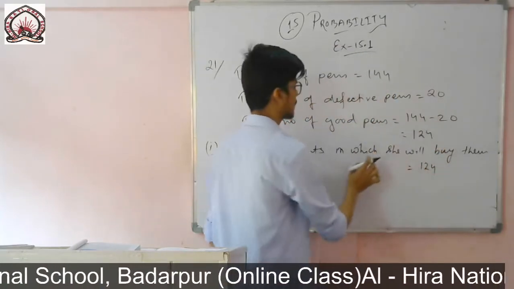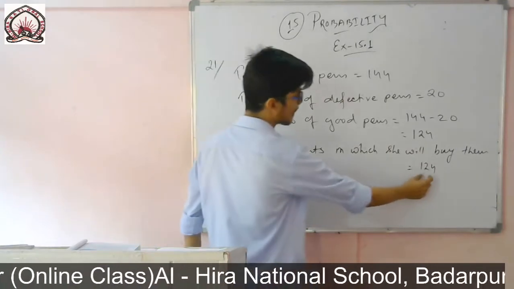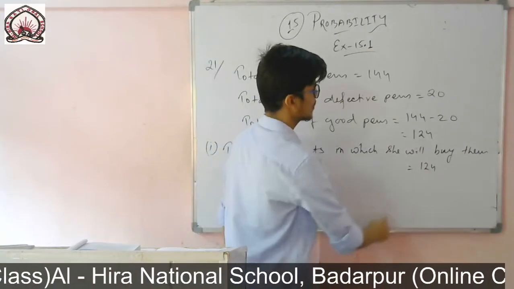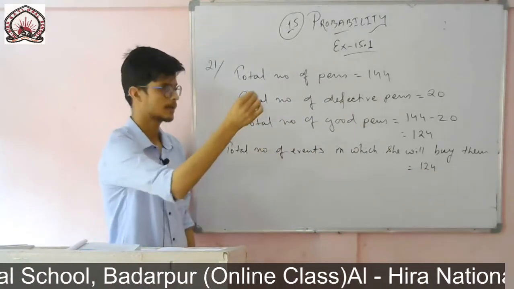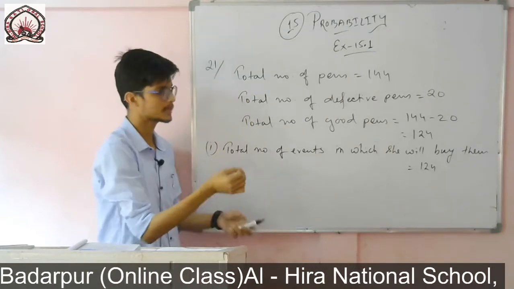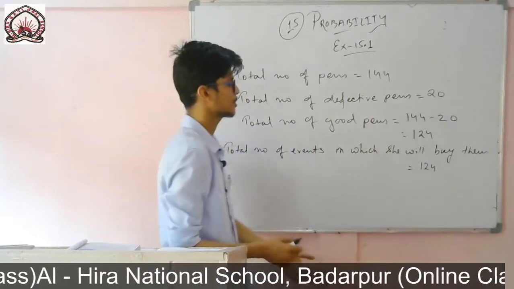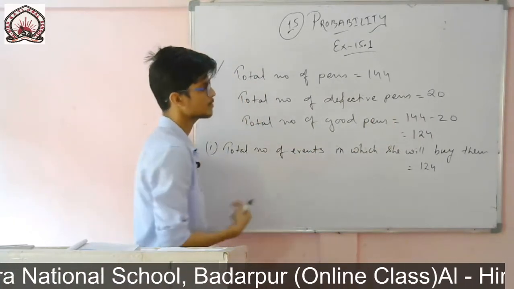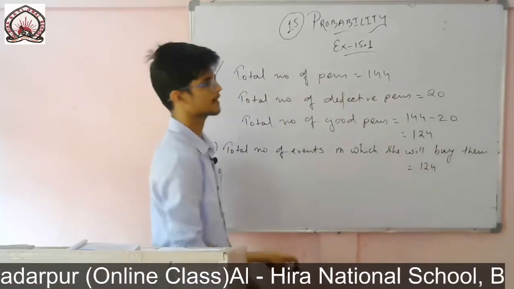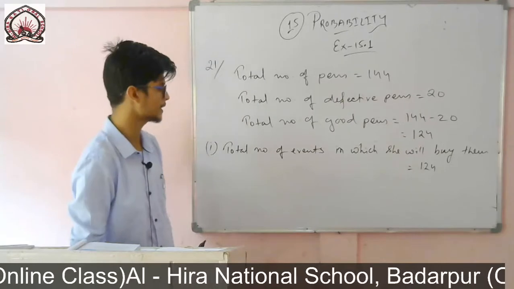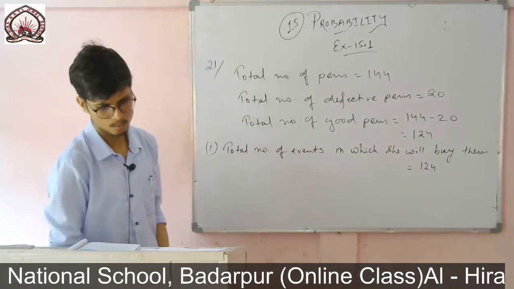That means there are 124 good pens, so the favorable outcome will be 124. Out of these 124, if the shopkeeper picks any pen and she finds it is a good one, then only she will buy. If the picked pen is a defective one, she will not buy. So I have written the total number of events in which she will buy them is equal to 124.